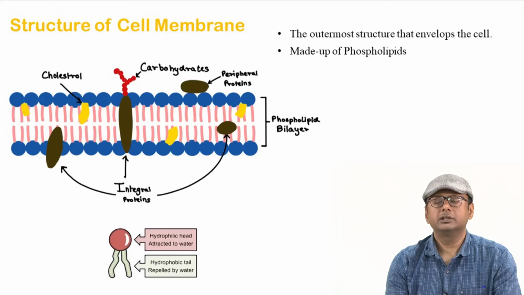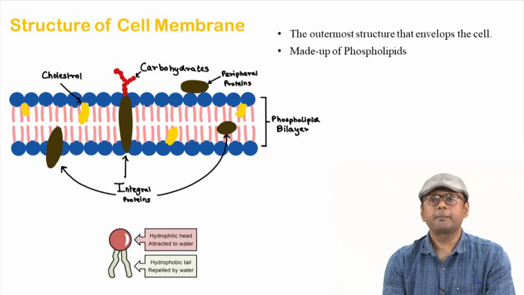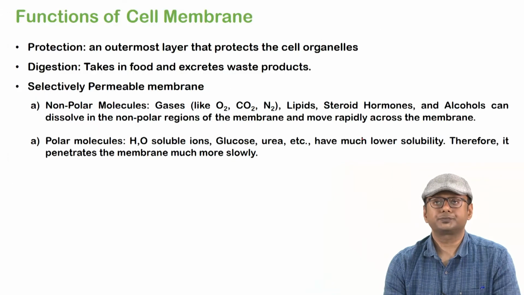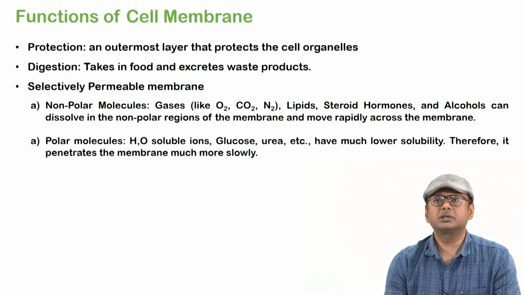So I hope there is a very clear idea about the cell membrane, and in our ion transport class we will again discuss in a detailed way some components of the cell membrane and different types of associated processes.